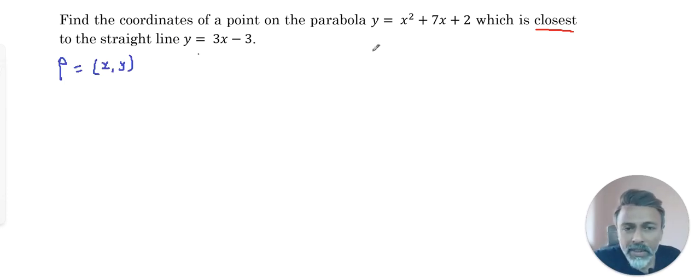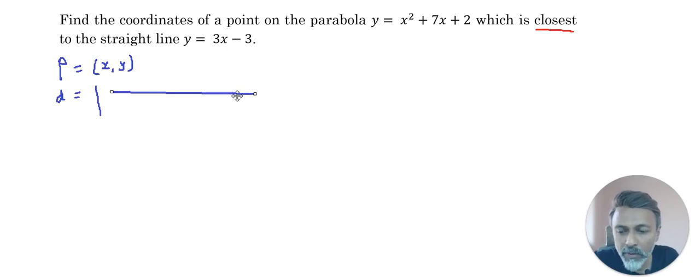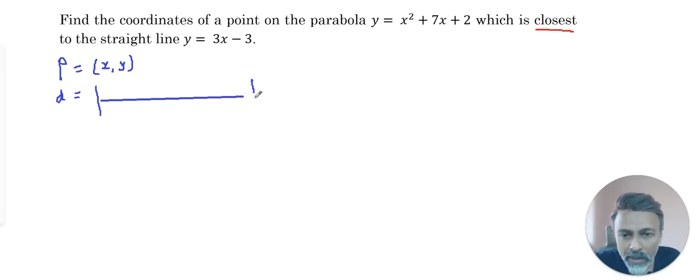Now this point needs to be closest to the straight line. So closest means the shortest distance to the straight line from a point will be the perpendicular line. So let us measure that shortest distance d by our distance formula from a point to a line.